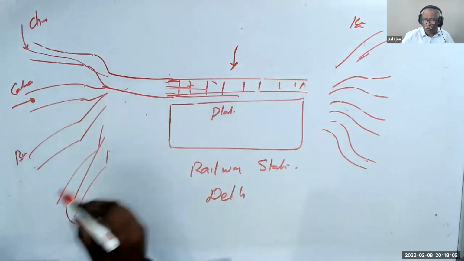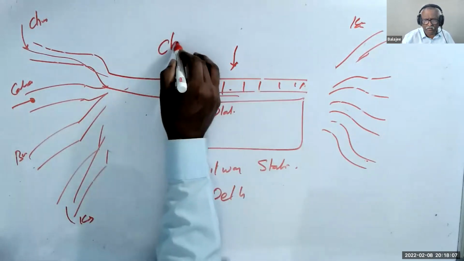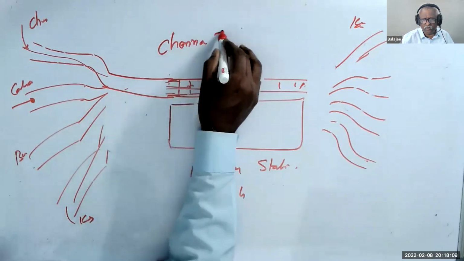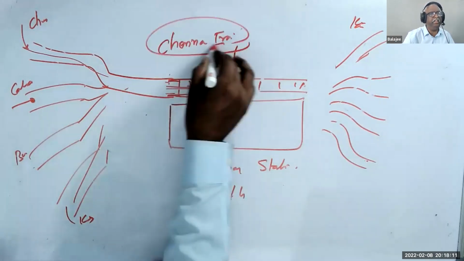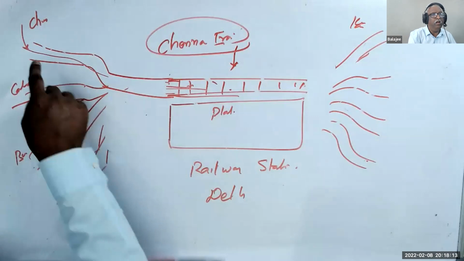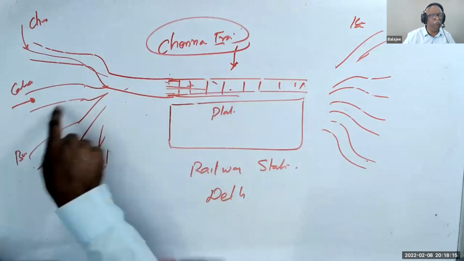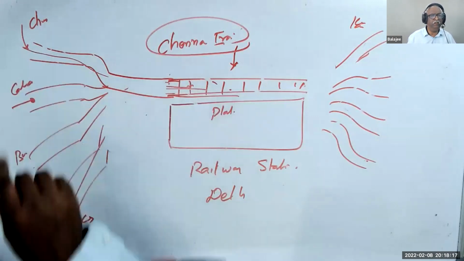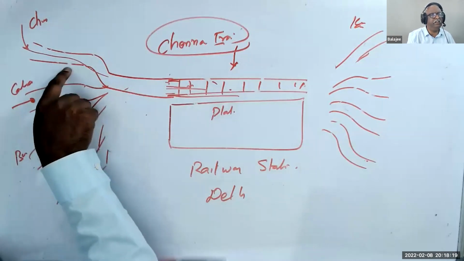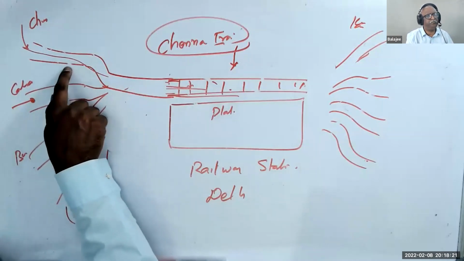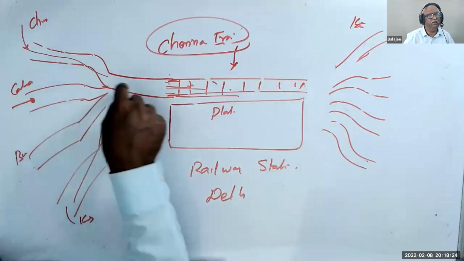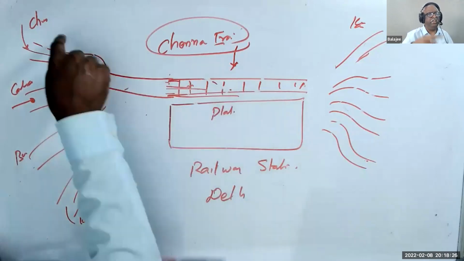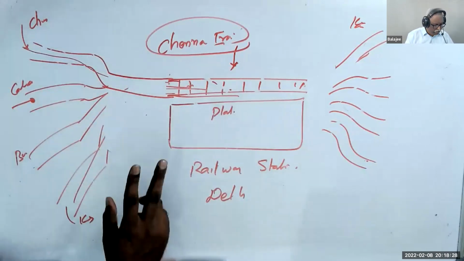Now the platform is allotted to the Chennai train. But that doesn't mean that others can come now. This is allotted to the Chennai train. When the Chennai train comes here, if it is coming late, still the platform will be allotted to only Chennai. You understand? Now the same thing here.